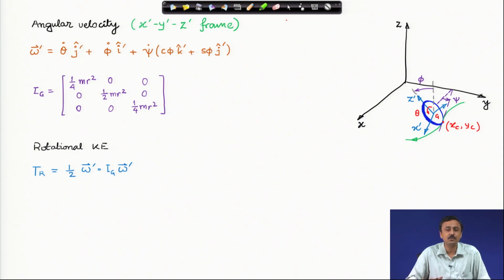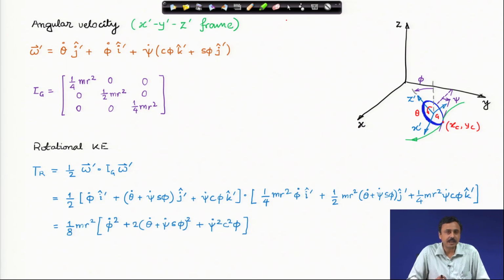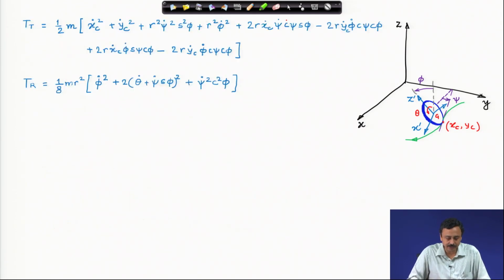Similarly, even though we have used the x prime, y prime, z prime frame, the kinetic energy expression will remain the same. We have used this frame for convenience, and if you open it up, it gives a very complex expression, but slightly simpler than the translational kinetic energy.